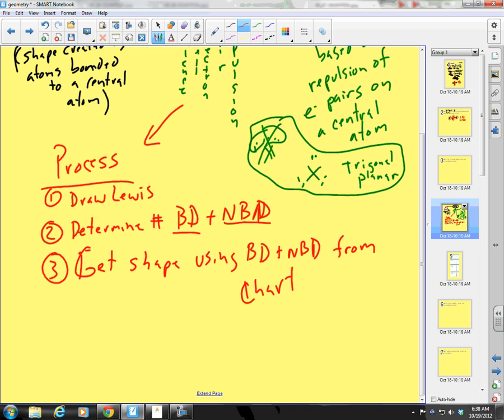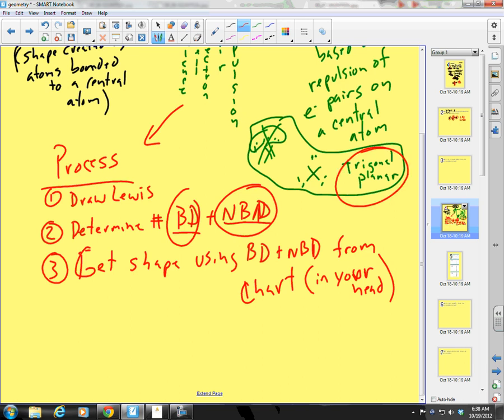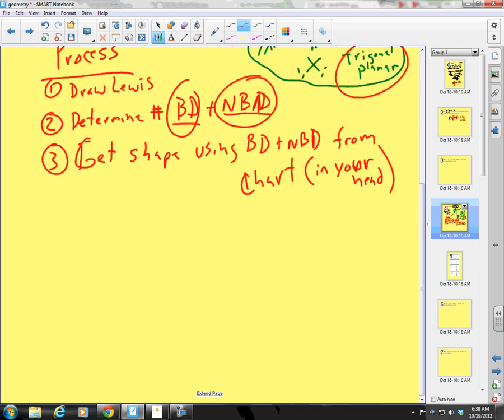Hey, there's a wonderful chart. Now here's the good news, there's a wonderful chart. Now the bad news: you're going to have to memorize this chart eventually, in your head. So you'll be able to use your bonding domains and non-bonding domains, and then with your photographic memories, find that chart and say, aha, it is trigonal planar. Got it? Cool.